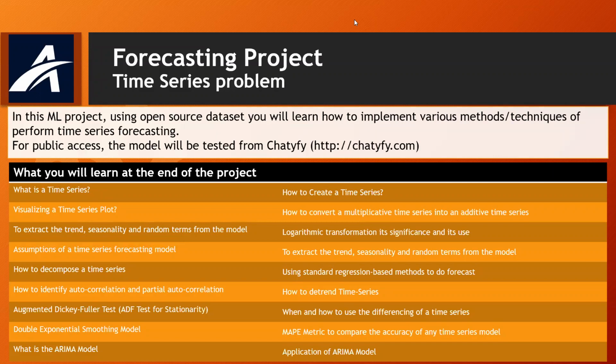Okay, so those are some of the things that we're going to be looking at, and applications of the model that we build. At the end of this period, we are going to build a model that we will expose for people to use through either a website or a mobile app.